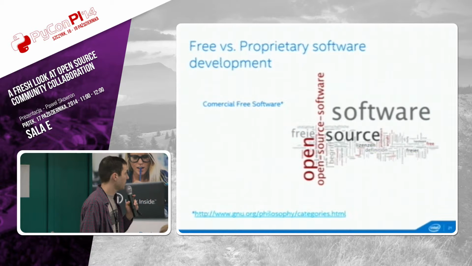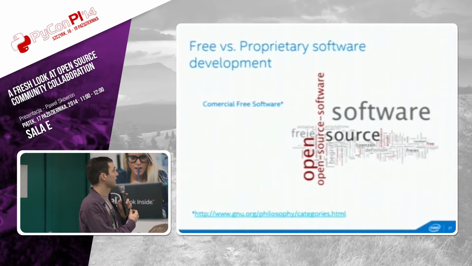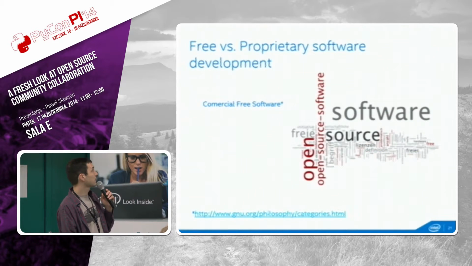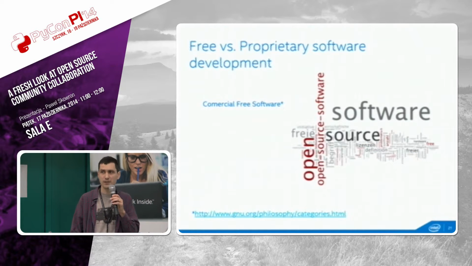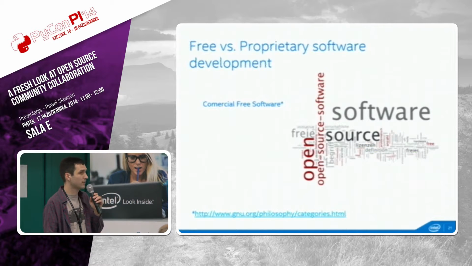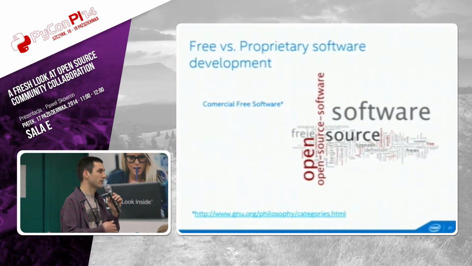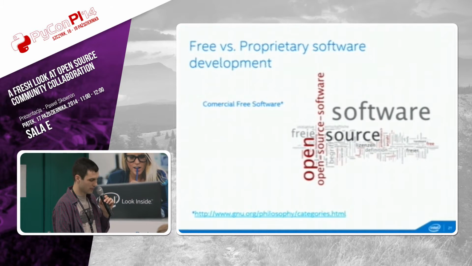But if you go to the GNU page and see the definitions of open source software, you will find that commercial means that the software is done within a company, like Intel or another company. The free means that this is free software, open source software. So this is most likely the correct name: commercial free software, open source software developed within a company.